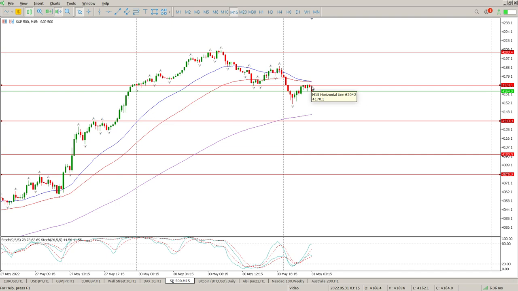Second thing could be that this is a flag. Now, if it is a flag, or should I say still a flag, okay? It is a bit of a channel, but it is a flag. So the second thing is that this level now becomes fairly interesting for the bulls as well.